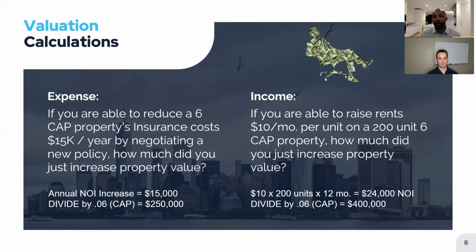You take that $10 and you multiply that by 200 units. For 12 months, that's $24,000 NOI that you just created by increasing your rent on the tenants by $10. You divide that by a cap rate of 6%, you just created $400,000 worth of value for you and your investors.